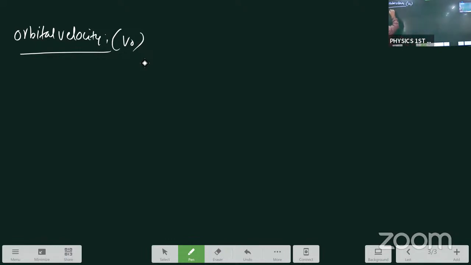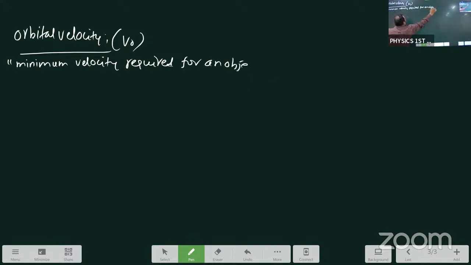So the definition: minimum velocity required for an object to revolve around the earth in circular orbit.